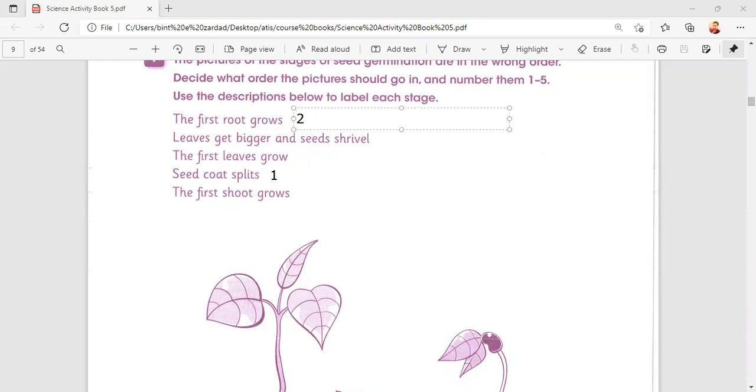The third stage, the first shoot grows. And then in the fourth stage, the first leaves grow. And at the end, the leaves get bigger and the seed shrivels. This is the fifth and last stage. So these are the five stages of seed germination.